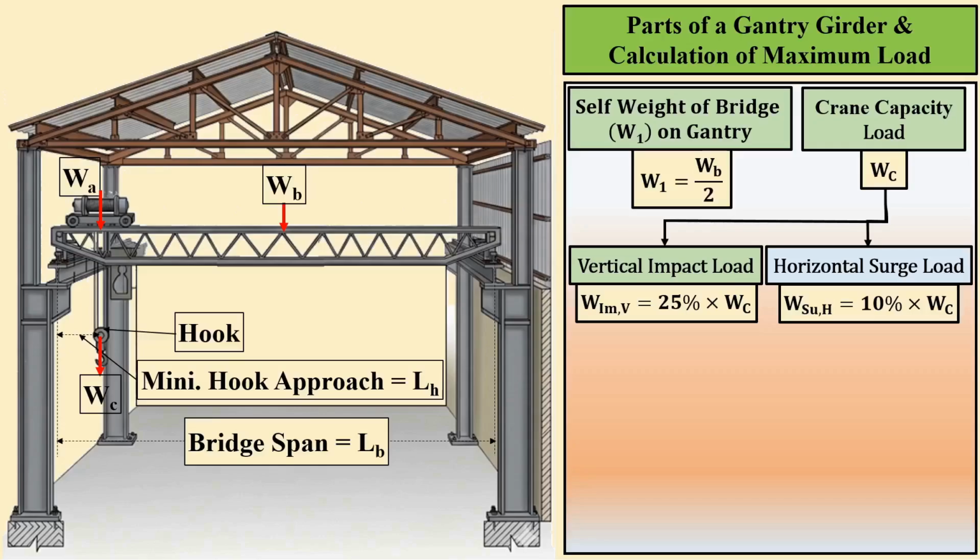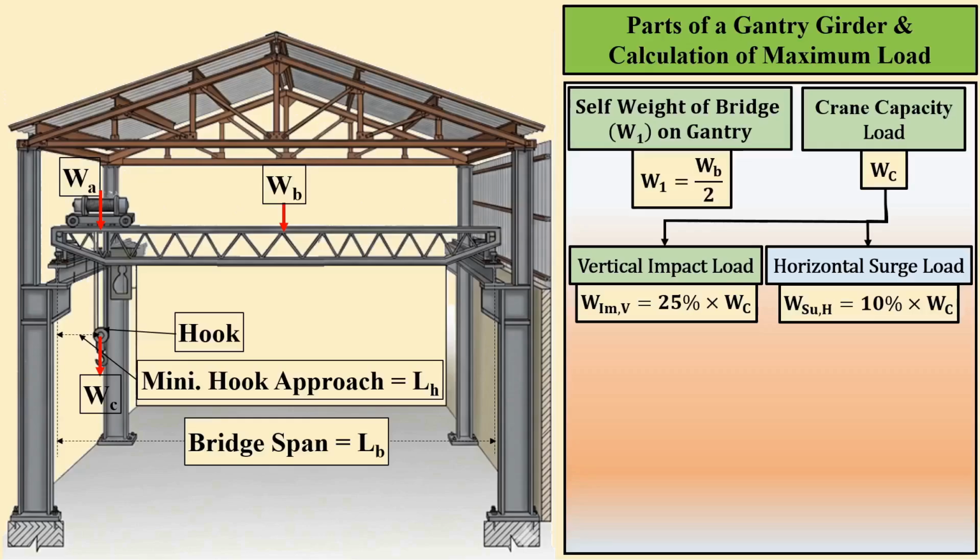Because it is dynamic, it will produce two additional types of forces. First is the vertical impact load, denoted as WIMV. Second is the horizontal surge load, denoted as WSUH.